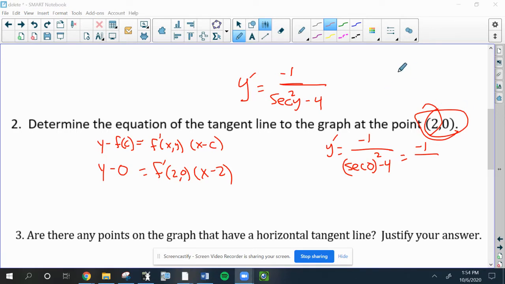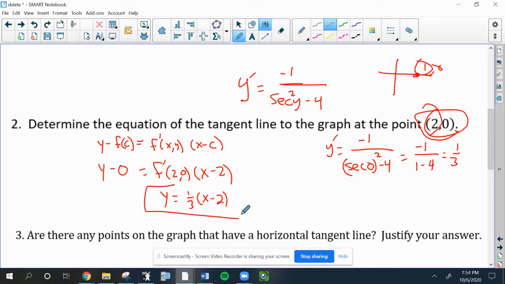Remember, because cosine is x. And that's 0. So we have negative 1 over 1 squared minus 4, or negative 1 over negative 3, or 1/3. So we have y equals 1/3 times x minus 2. If you want it, well, let's keep it like that.